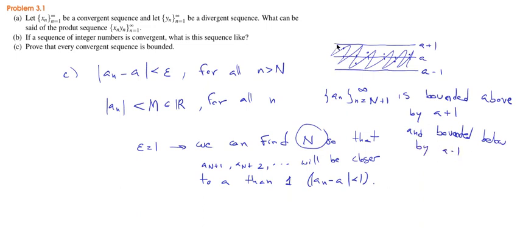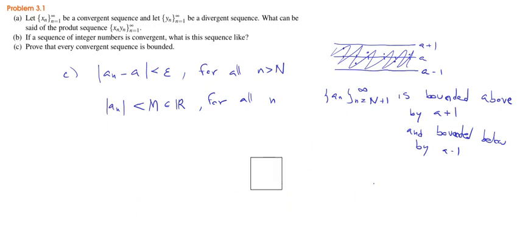So what happens to all the numbers in the sequence before that? What happens to a_1, a_2, and so on, up to a_N?